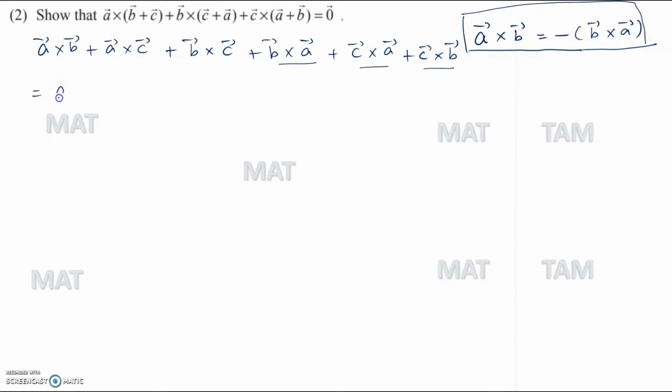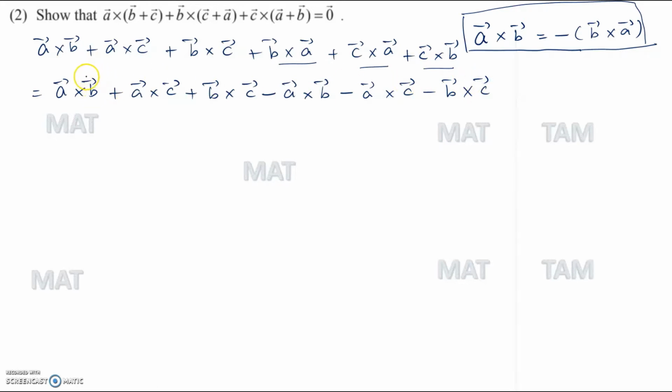So this is equal to A vector product with B plus A vector product with C plus B vector product with C, and B cross product with A will become minus of A cross product with B. So this is minus A cross product with B, and this is minus A cross product with C, and this is minus B cross product with C. Now you can see that our A cross B will be cancelled, A cross C will be cancelled, and B cross C will be cancelled. So you'll be left with 0 vector. So that's our result.